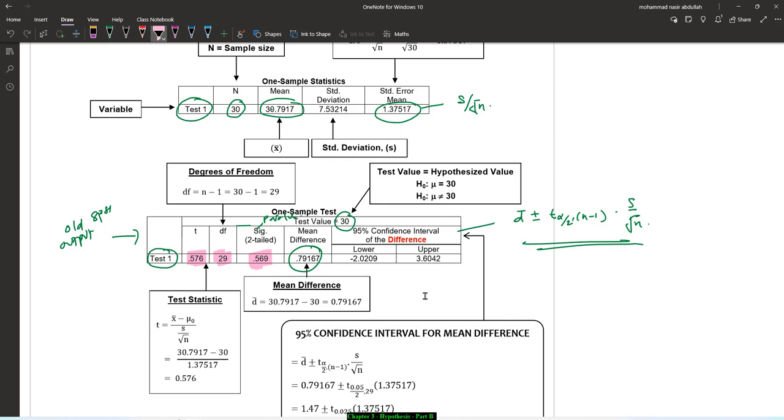Let's say we want to test mu is not equal to 30. So the critical region is on the two-tail side, meaning the right tail and the left tail. So this is the rejection region, rejection region.